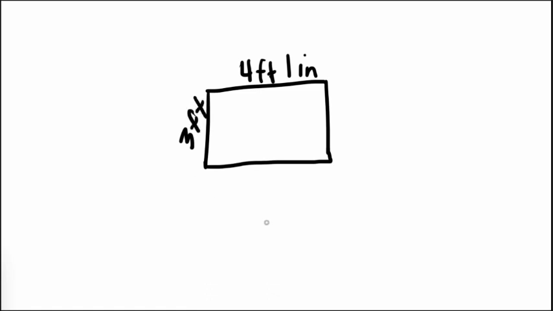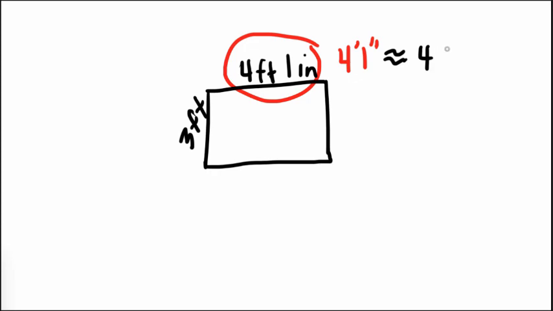So rounding would be taking our odd number, which is the 4 foot 1 inch, and rounding it. So I would say that's about 4 feet if I rounded that number. So I would round it to 4 feet exactly.